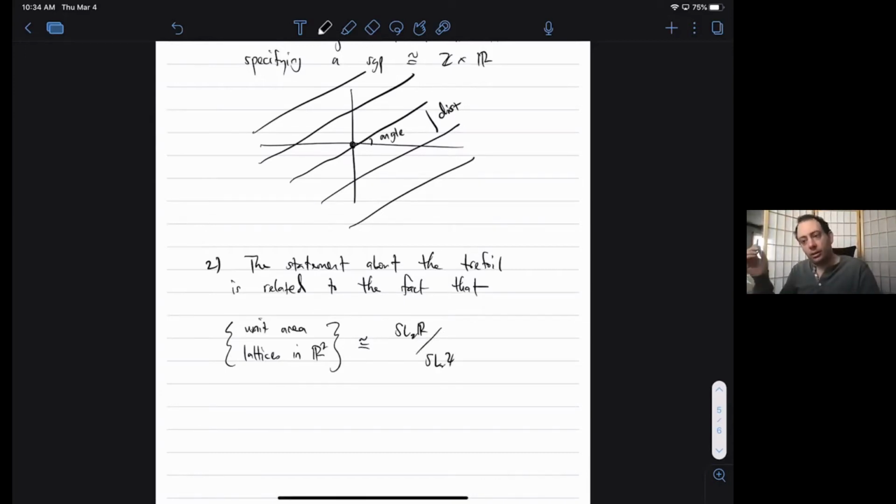Just because SL2R acts on unit area lattices, and the stabilizer of the integer lattice is SL2Z.